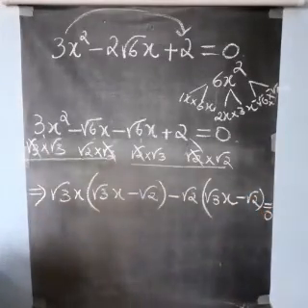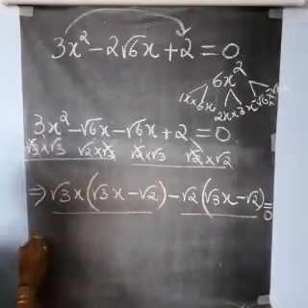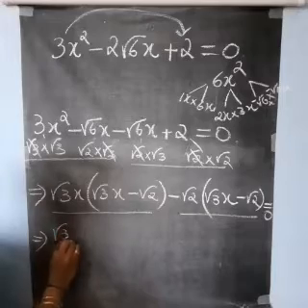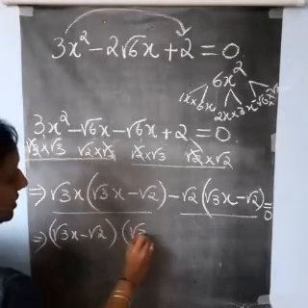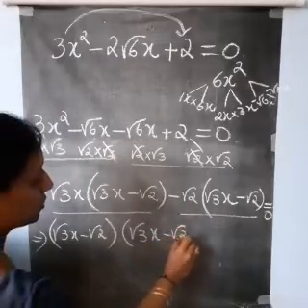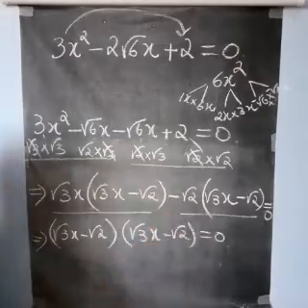Are we okay with this? Now you take these two terms. What is common in these two terms? We get root 3x minus root 2 into root 3x minus root 2 equal to 0. The bracket term I have taken out and what is left I have written there.